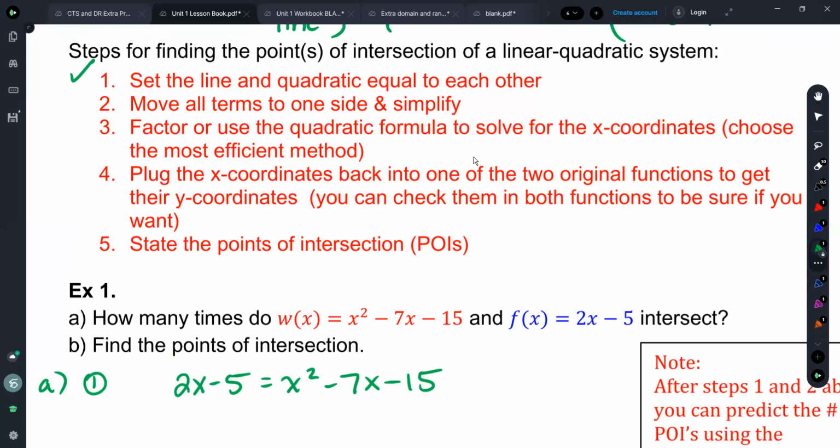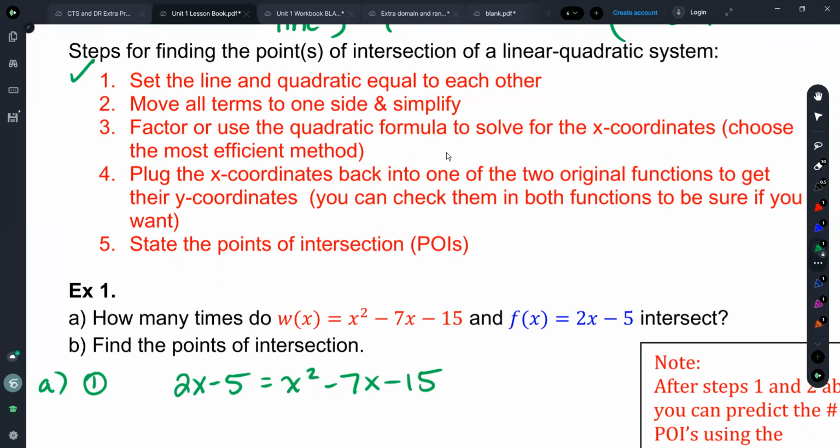Also, why does it make sense if I'm trying to find a point of intersection? Why would it make sense that I set the equations equal to one another? What do the graphs have in common at the point of intersection? Marcus? So they have a y in common, and they also have more in common, Josh, which is an xy coordinate, right?